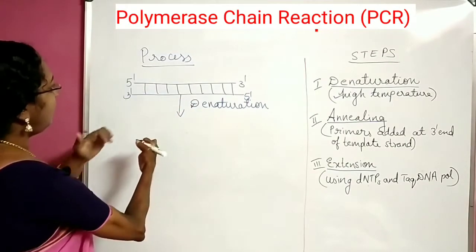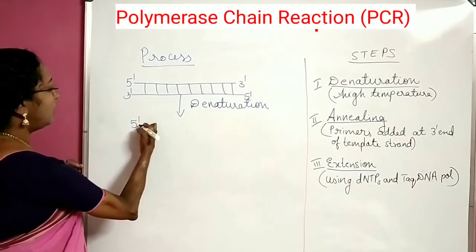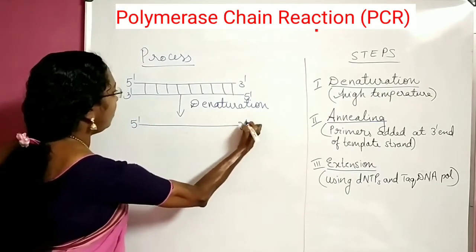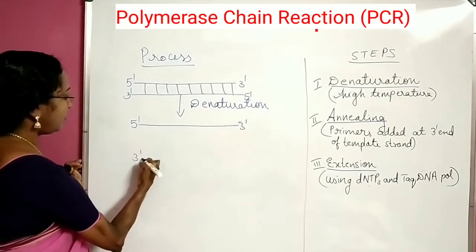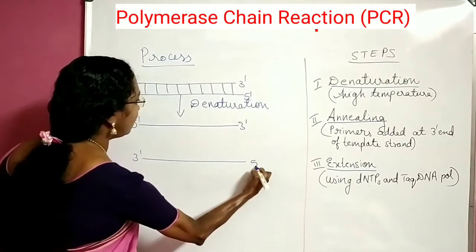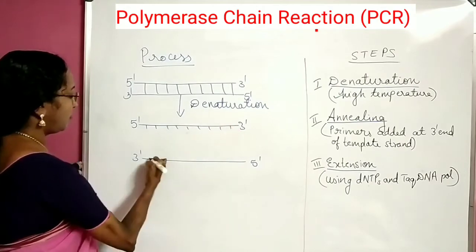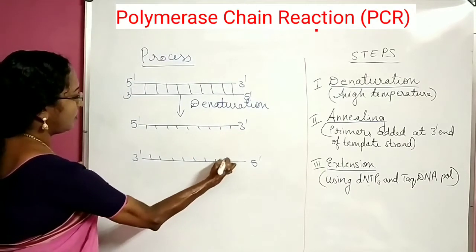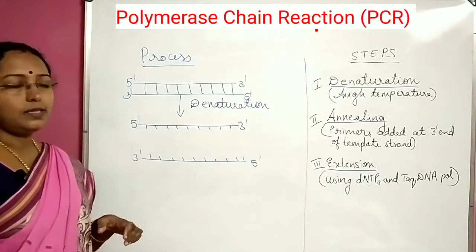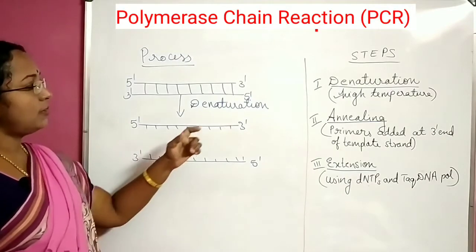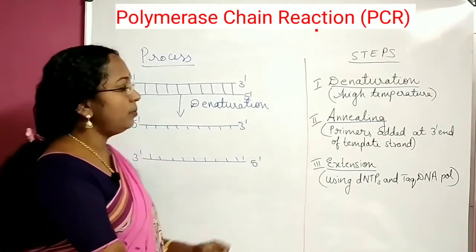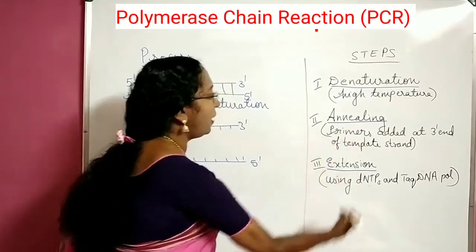Once denaturation is done, how will the strands look? The strands got separated. Now it looks like this. The 2 strands are now separated. The second step is annealing. Annealing is where the primers come in.